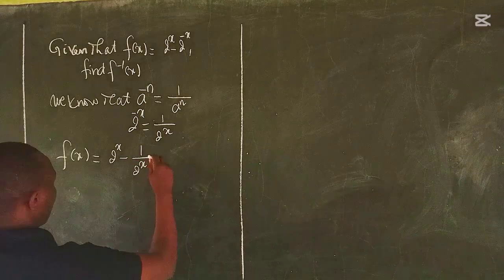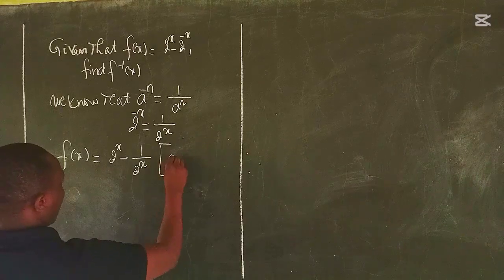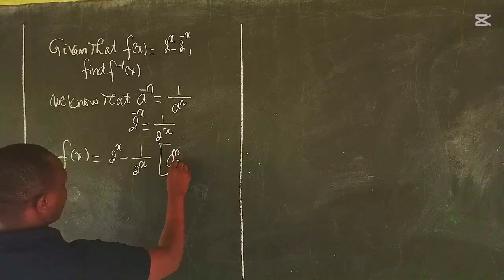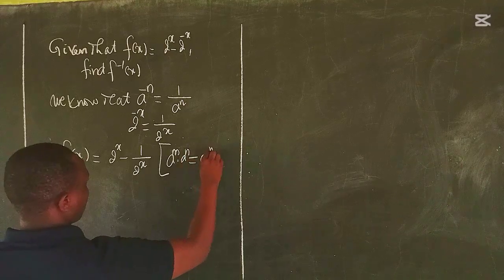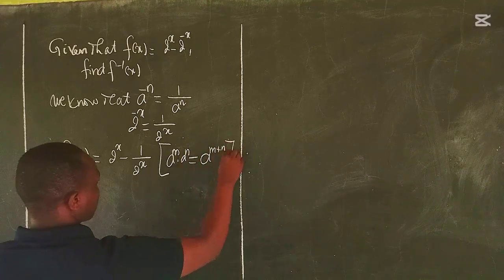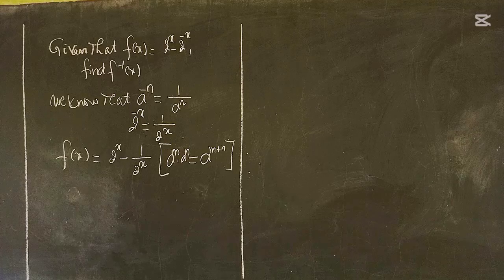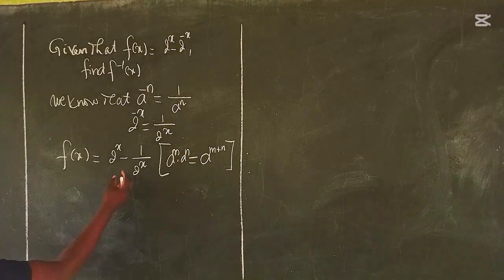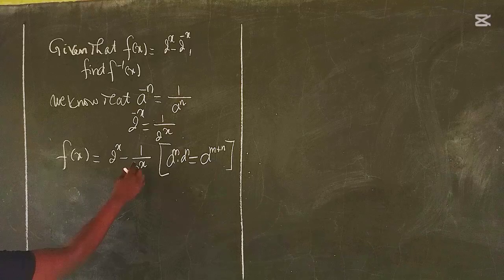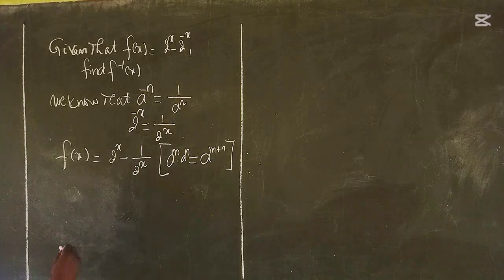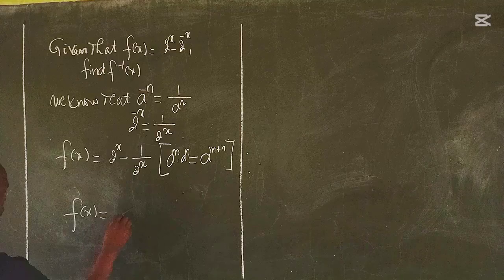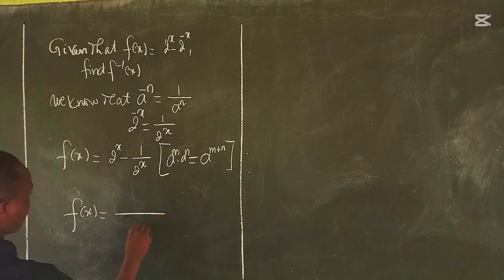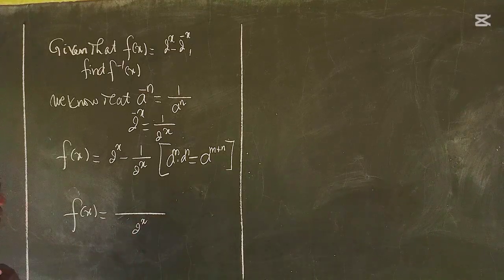We know that a power m times a power n is equal to a power m plus n. We want to put this on a common denominator, which is 2 power x.